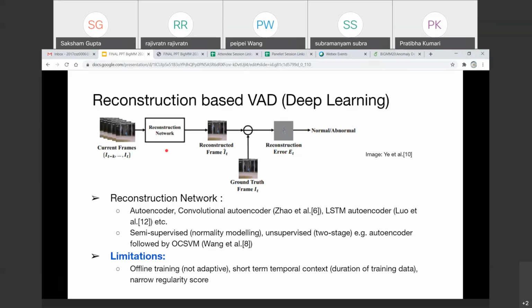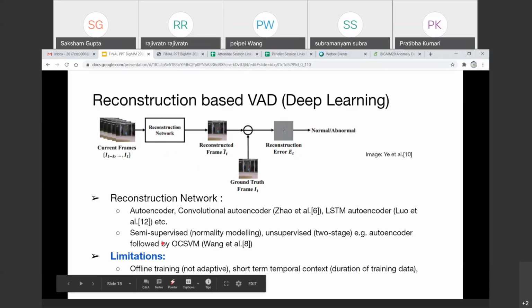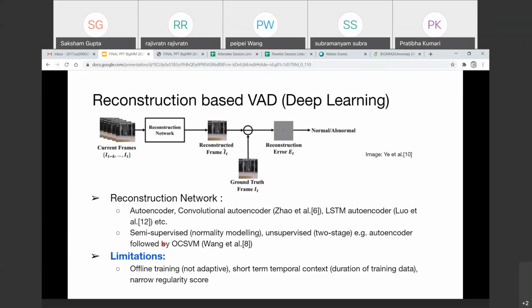Autoencoders and variants of autoencoders were used as the reconstruction network. It was used in both semi-supervised and unsupervised fashion. The limitation with this approach is that it is offline training, also considering the short-term temporal context. It also gave a problem of narrow regularity score, that is, the small difference in reconstruction error between normal and abnormal for some of the data.